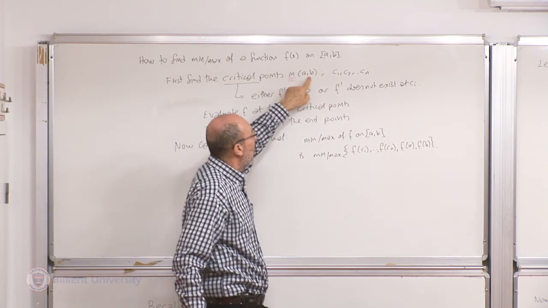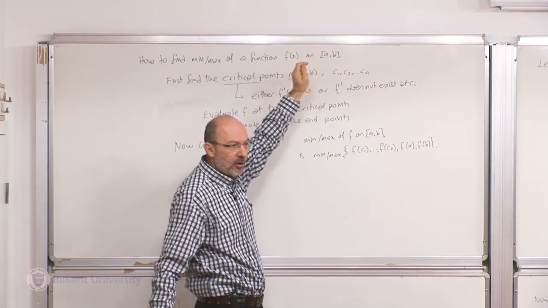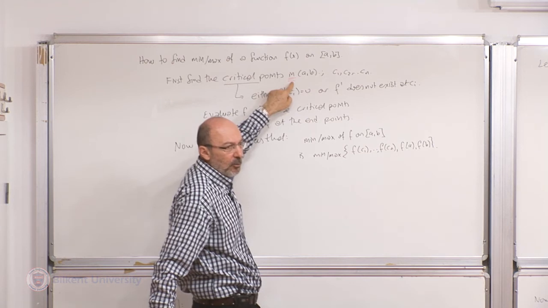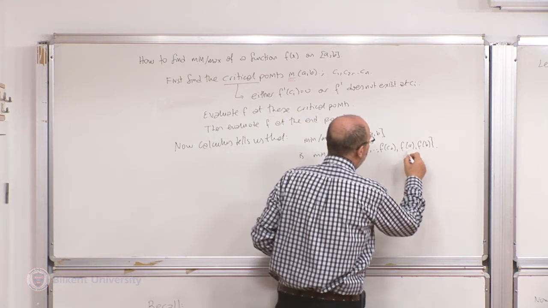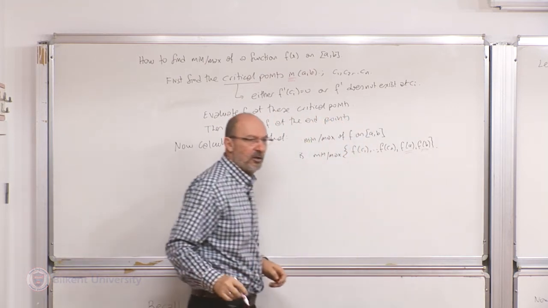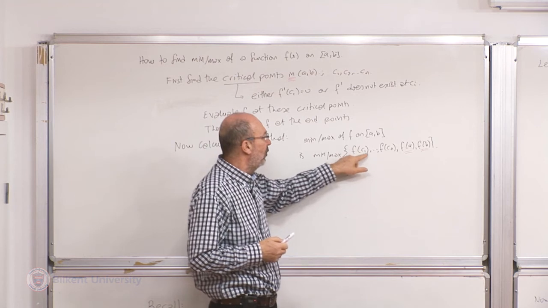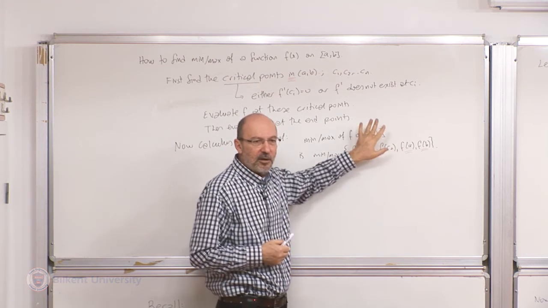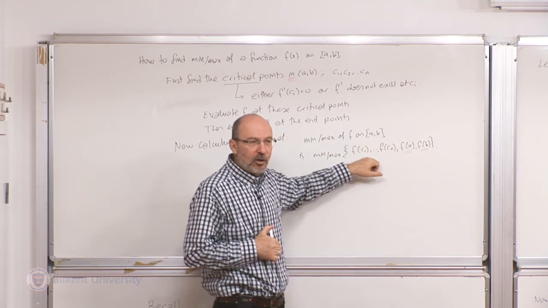Some of the roots will be here, some of the roots will be outside. You don't consider the roots outside this interval. This is the important thing here. And you also see that we have these numbers here. They change the story. Maybe one of these numbers is large, but if this one is larger than that, then these don't give you the maximum.